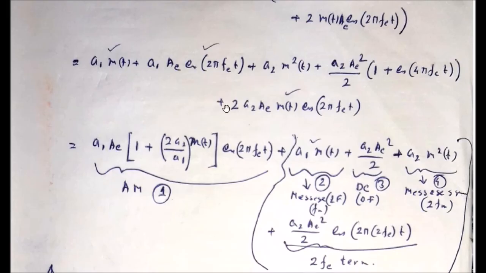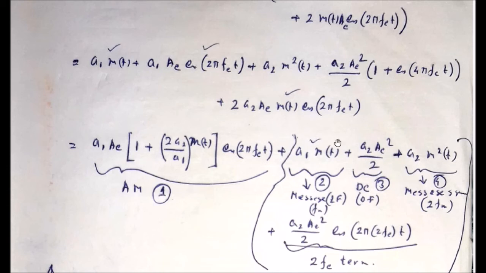And the last term, what is it? The last term is the multiplication of the message signal as well as the carrier signal. So if you consider the first term, the unchanged message signal, the second term, the unchanged carrier signal, and the last term, the multiplication of message signal and carrier signal, what will it become?